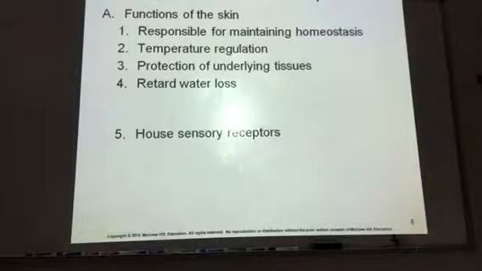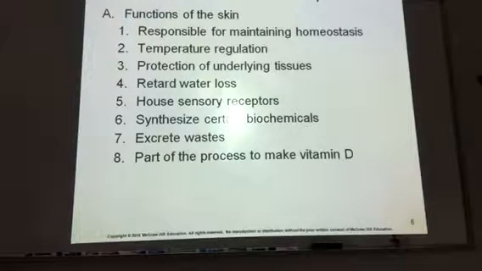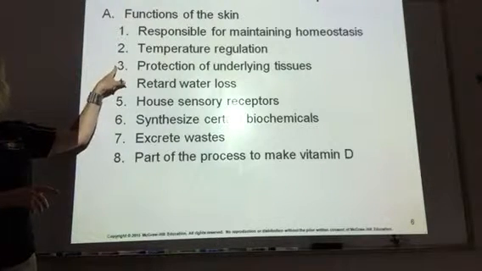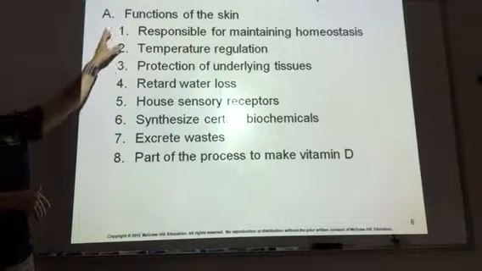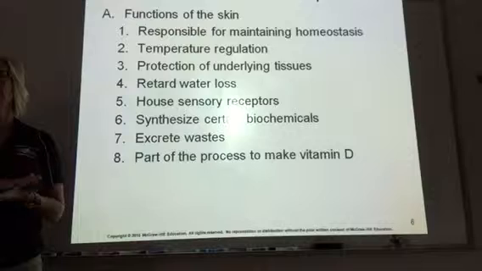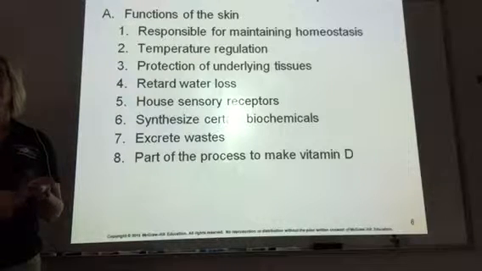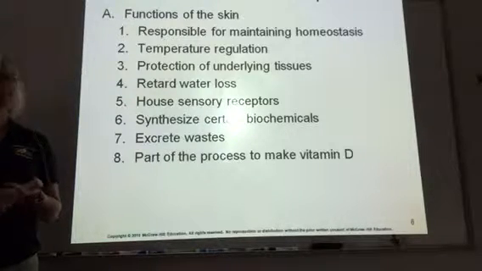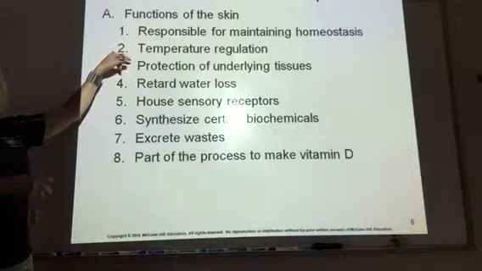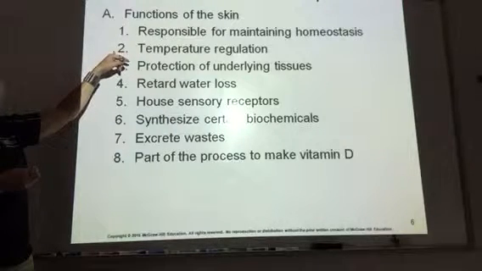If we start looking at the functions of the skin, there are quite a few. We think of protection the most. However, the skin is also very responsible for maintaining homeostasis, a stable internal environment. It helps regulate temperature and water loss, through the receptors in the skin and the muscles in your skin that produce heat.